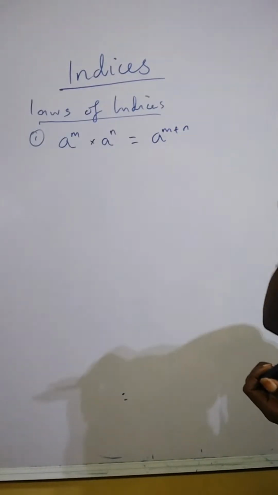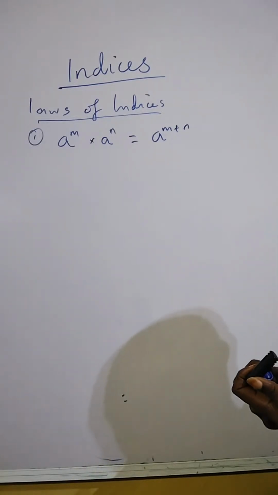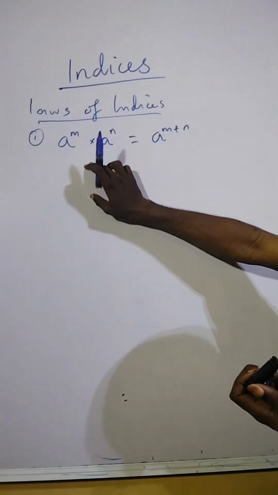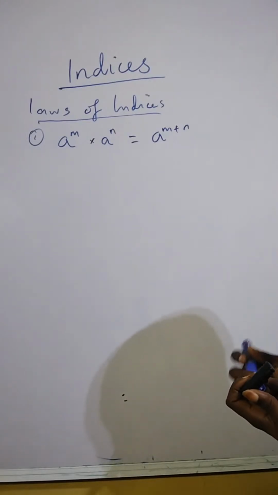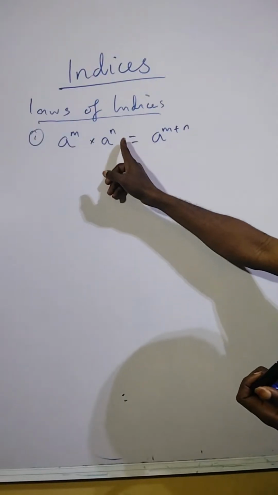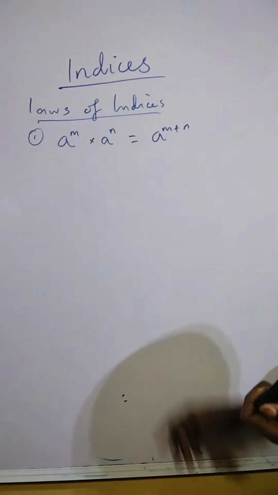That is, if we have two numbers that have the same base, their index here is not the same, so we only write one of the base, then we add the power. So for multiplication is addition of the power.